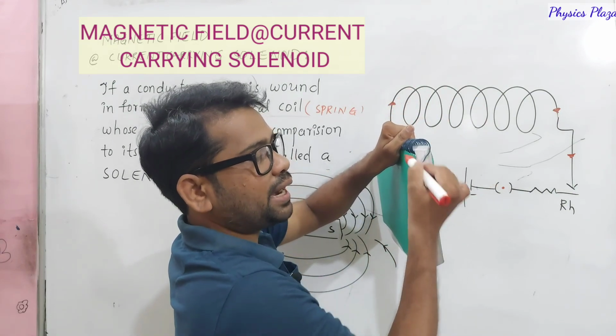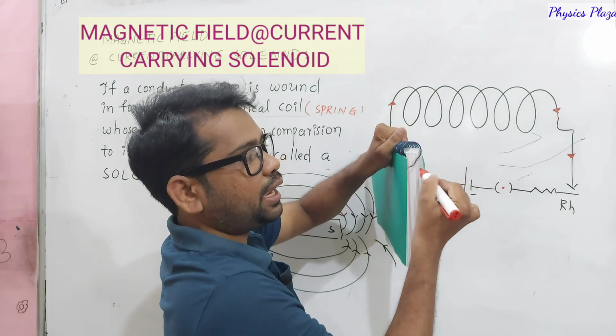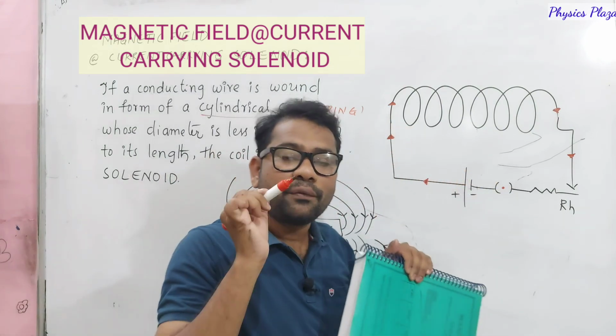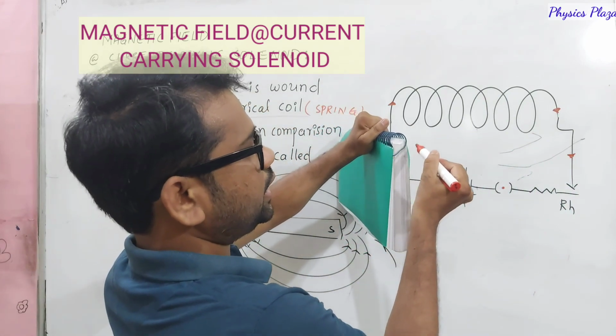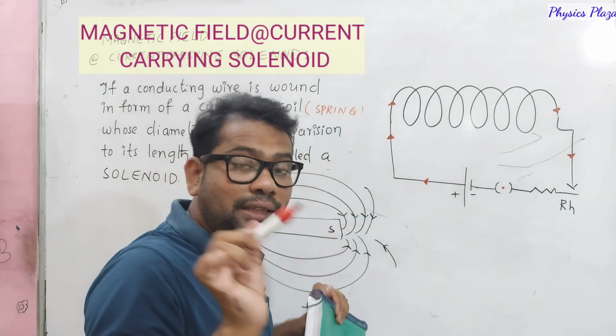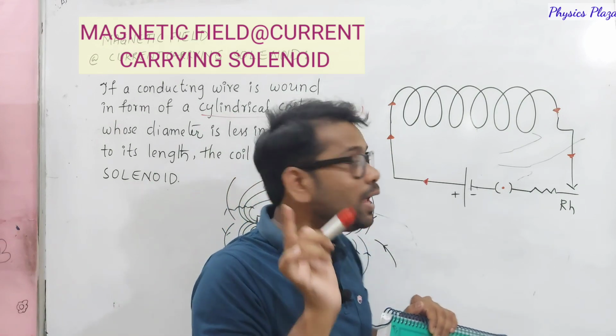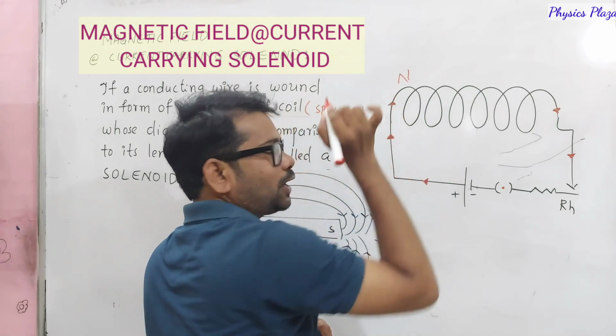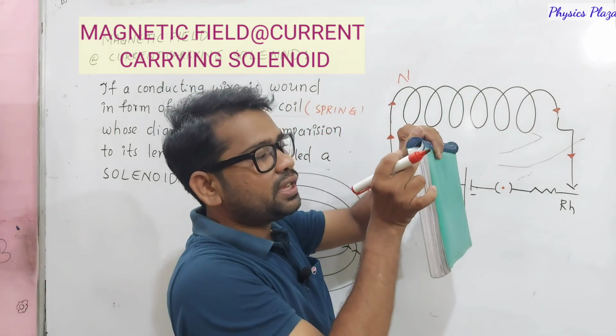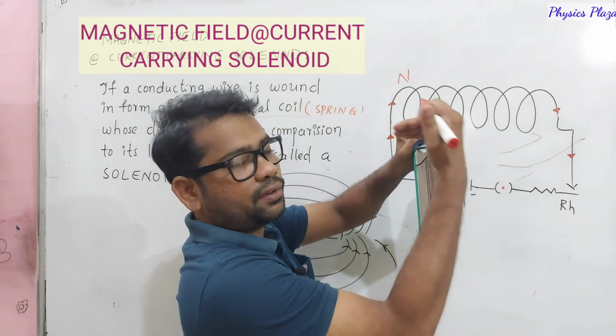Is it a clockwise or anti-clockwise direction? Current is entering in an anti-clockwise direction. Children, whenever we are facing the coil, if current is entering in an anti-clockwise direction, then that face behaves like a north pole. Obviously, here current is entering in an anti-clockwise direction.